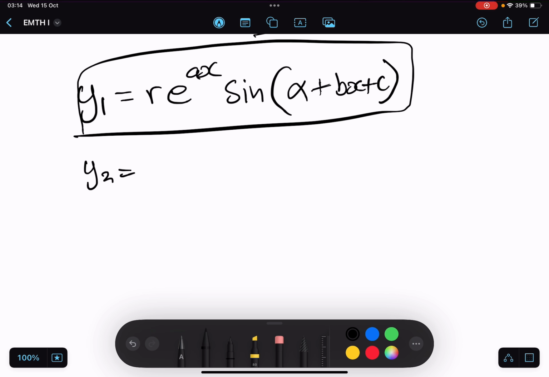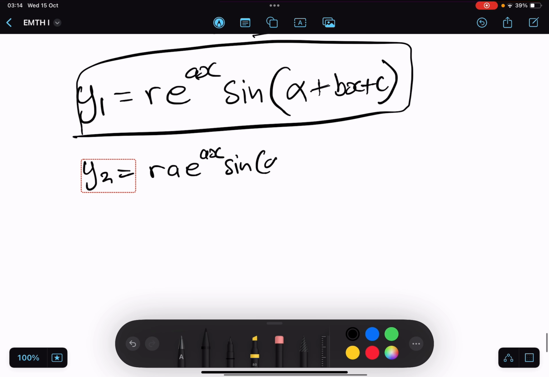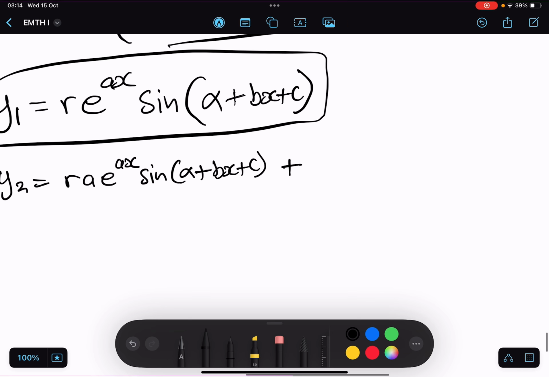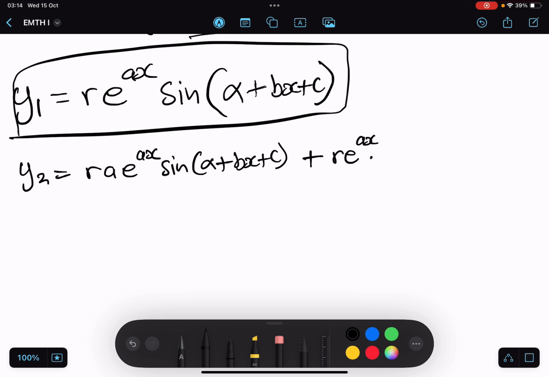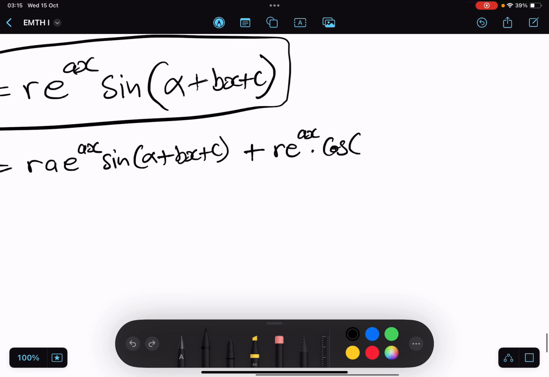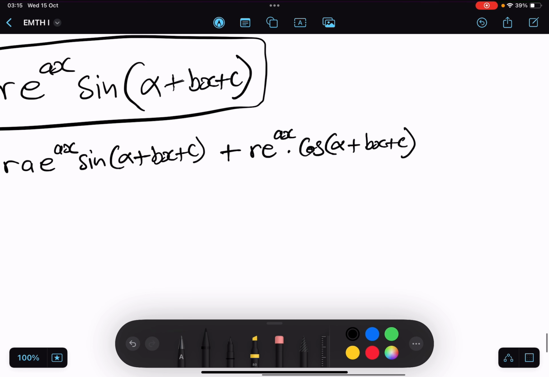Still we're using the product rule. y2 is going to be r a e^(ax) sin(alpha + bx + c) plus r e^(ax) times cos(alpha + bx + c) times the first derivative of what is inside, which is b.